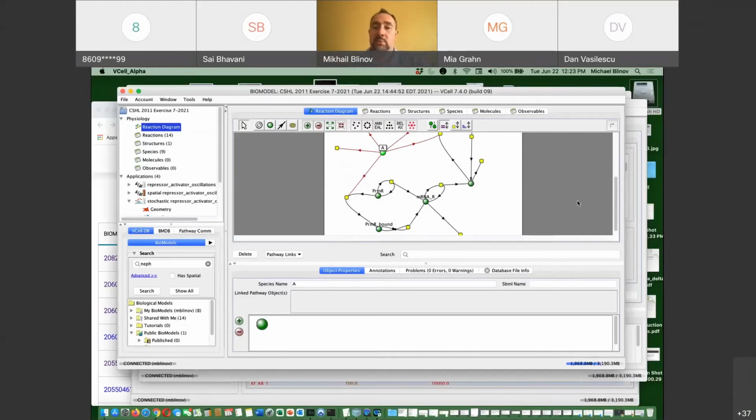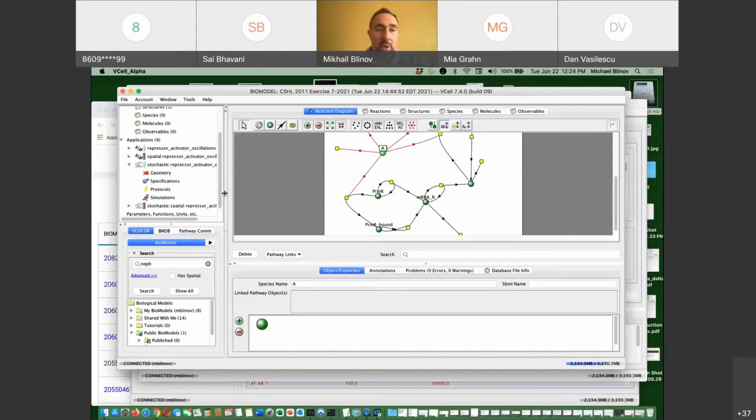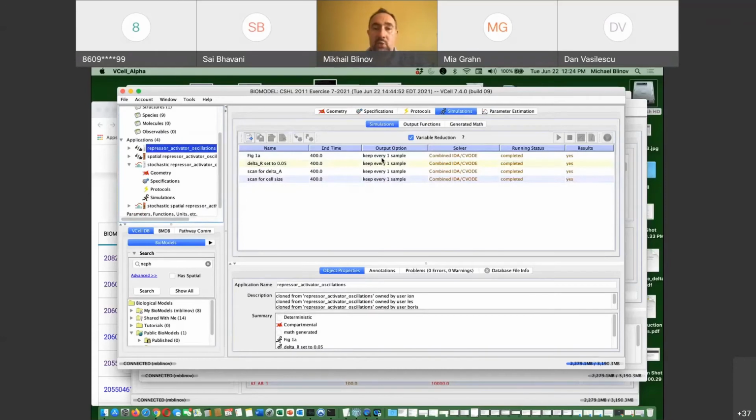This system behaves the same way as Lotka-Volterra, and it oscillates. When we do ODEs, everything is very simple.